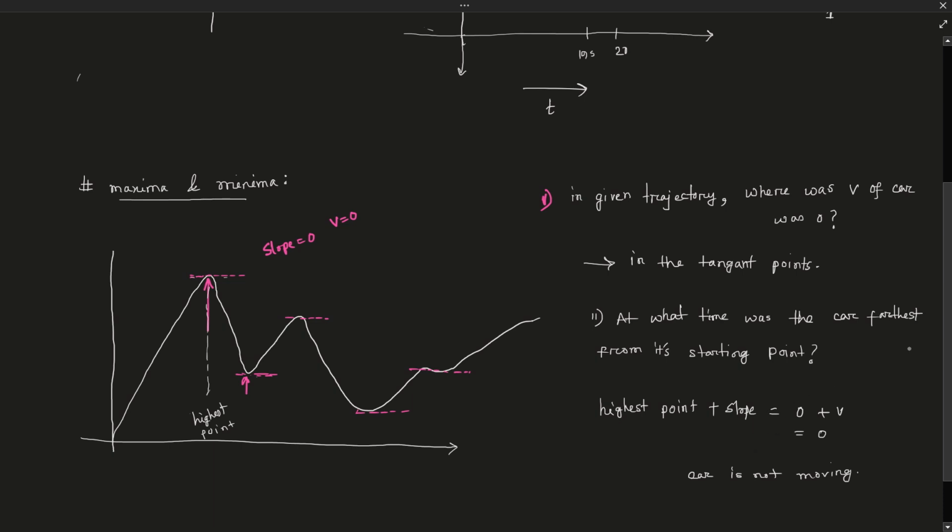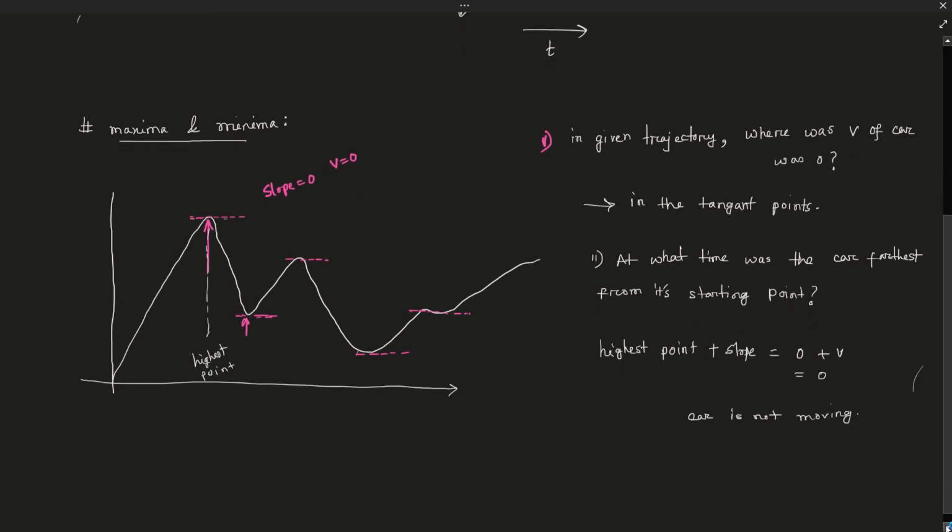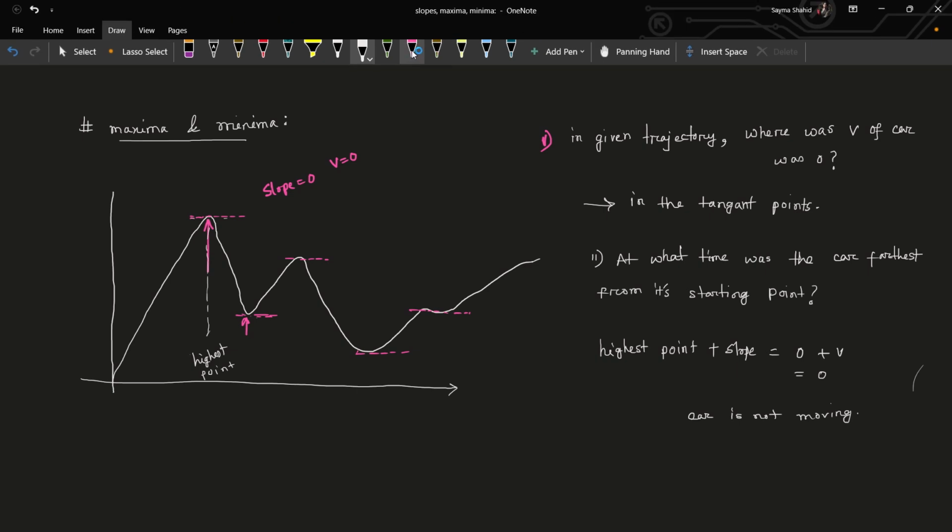Okay. So we will get the maximum and minimum where our slope is 0 or the tangent line is horizontal. Let me write that.